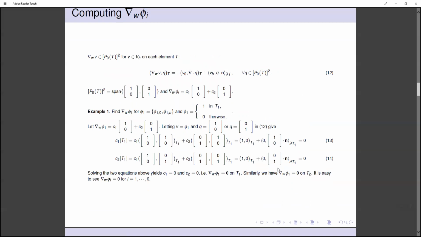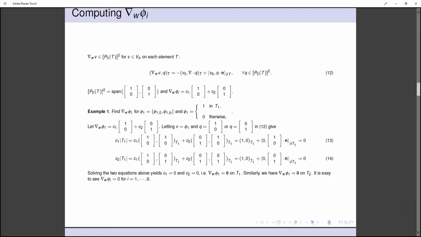Okay, next, let's compute. So we found VH, we found our basis functions. Next, we are going to find the weak gradient for those basis functions. First of all, the weak gradient of V belongs to P0(T) squared. The definition of weak gradient is in equation 12.